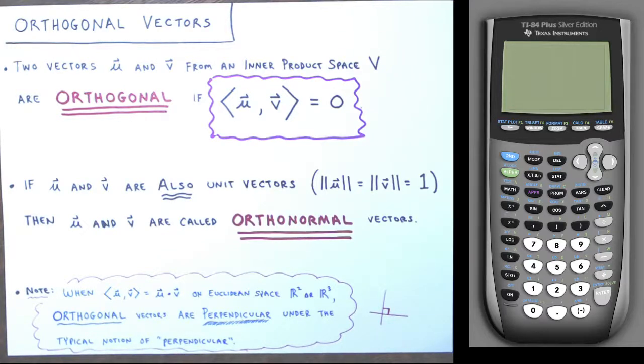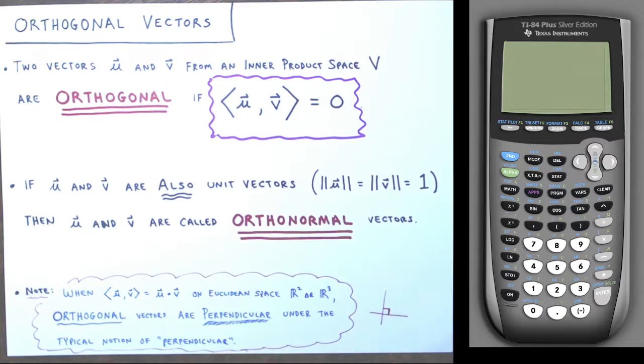So with other inner products, on other inner product spaces where the dot product is not the inner product, I'll be strictly using the word orthogonal instead of perpendicular.